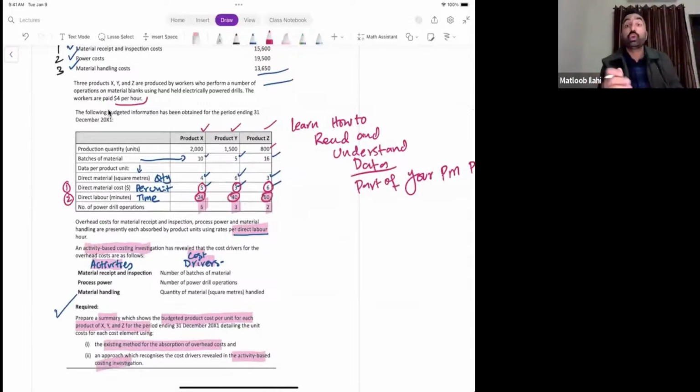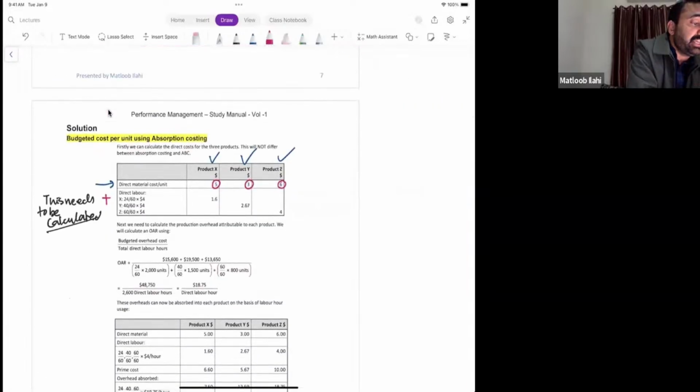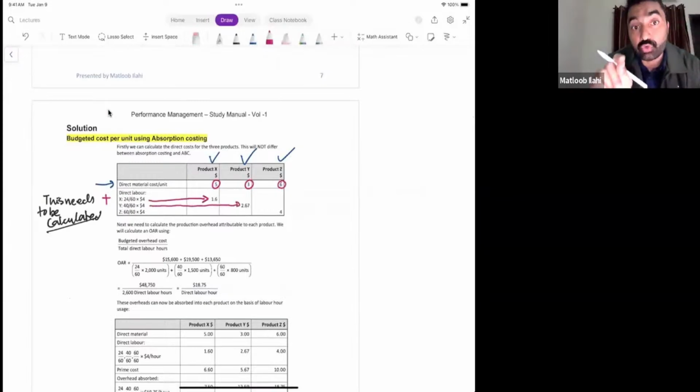So what you have to do, using this $4 per hour rate, you have to calculate how much labor cost for each product. So for product X that consumes 24 minutes and the labor rate is $4 per hour, this is the calculation: 24 minutes divided by 60 multiplied by 4 is equal to 1.6. Similarly, for product Y, it consumes 40 minutes. So 40 divided by 60 multiplied by 4, this is 2.67.